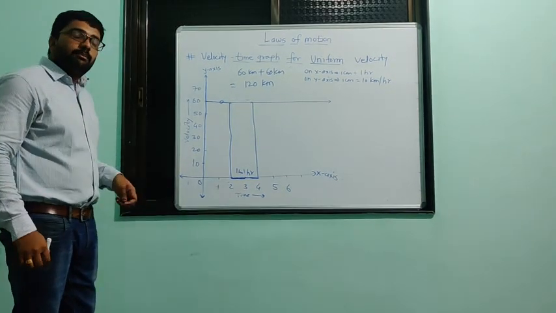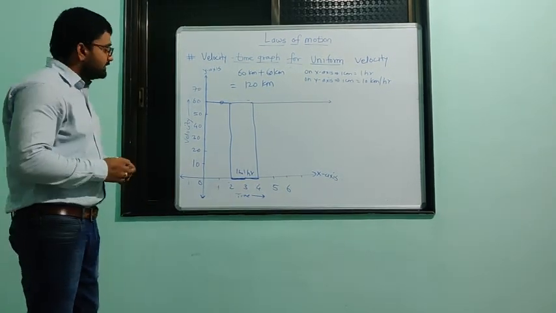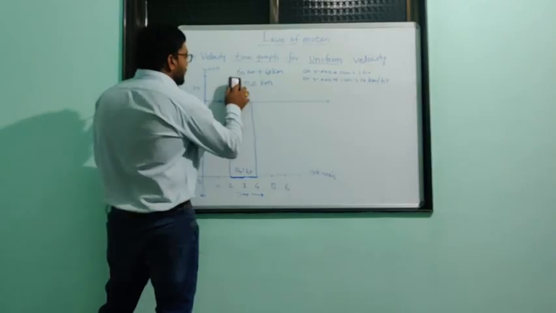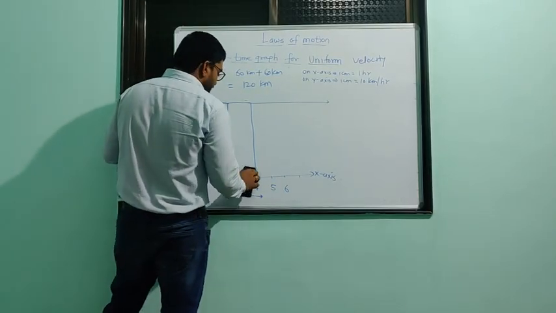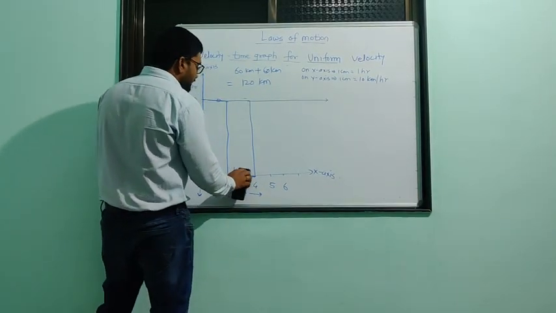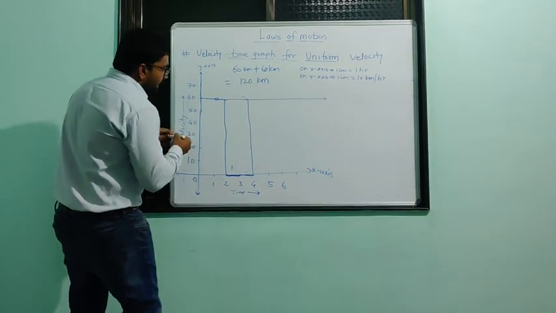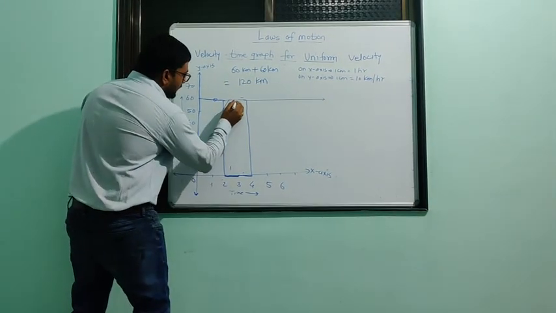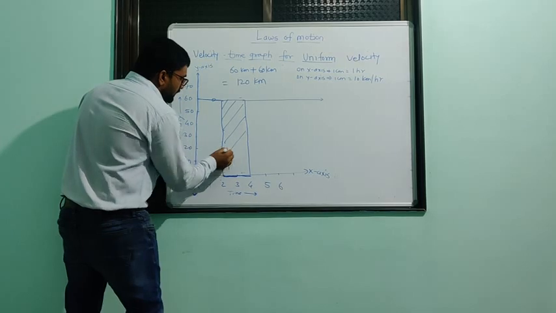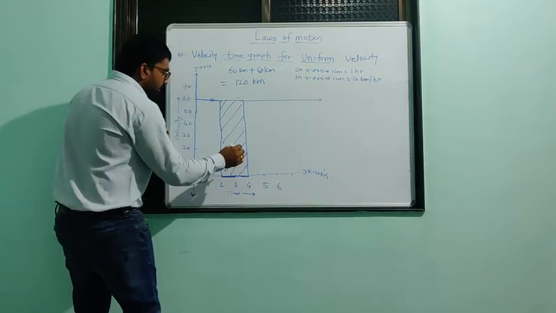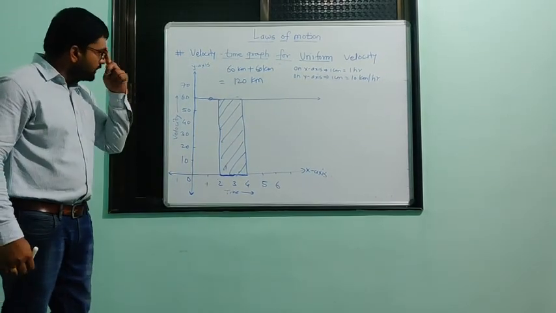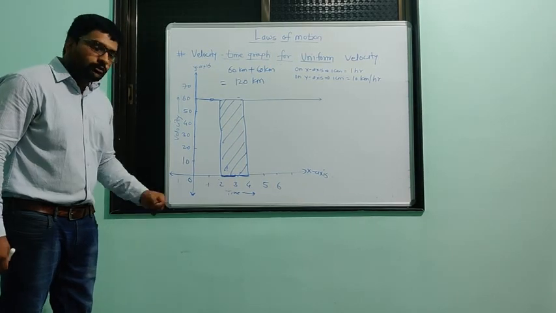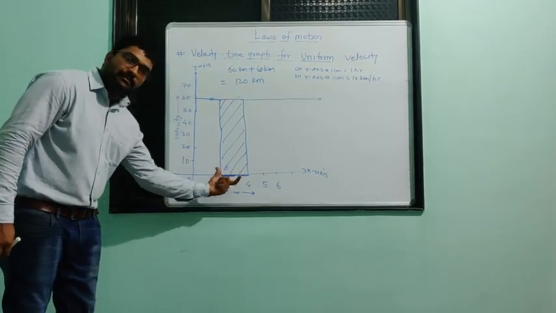Again, one more method to find this distance is the area. The second method is to find the area of this rectangle. The area of this rectangle is nothing but the distance covered throughout this time span.